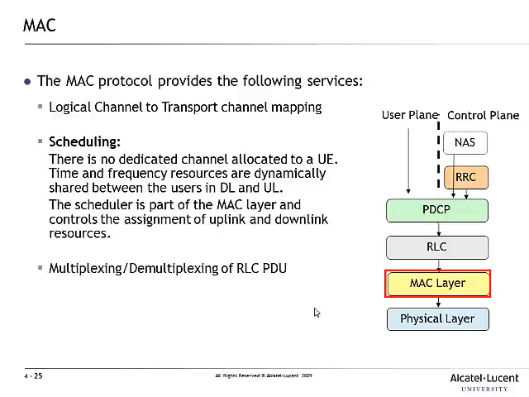It also has to perform scheduling, by which it allocates resources for all the packets that are waiting for downlink transmission or uplink transmission. So the MAC layer in the eNodeB performs all the scheduling decisions for both uplink transmission as well as downlink transmission.